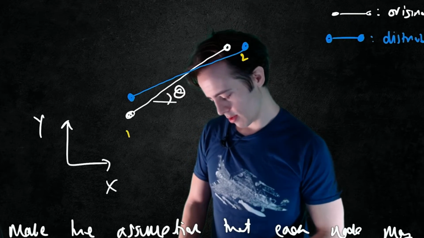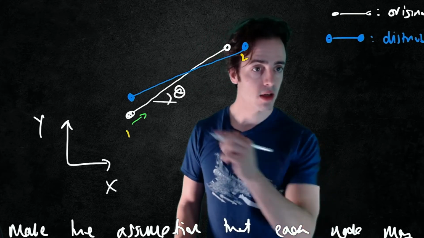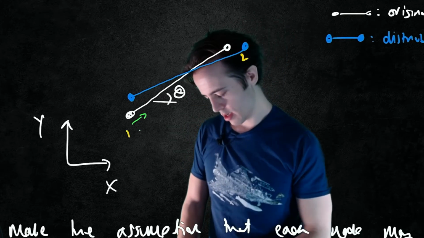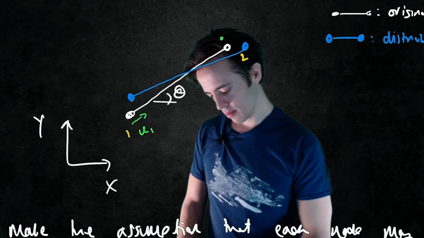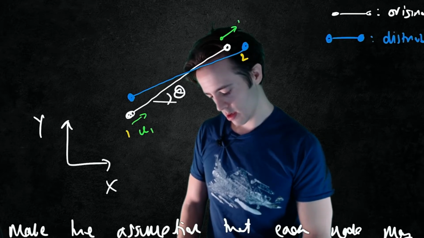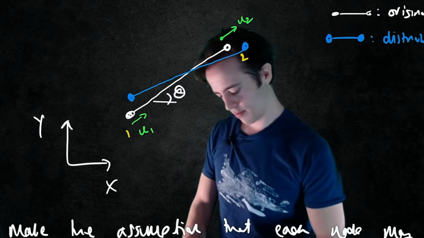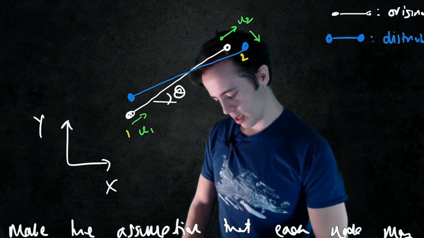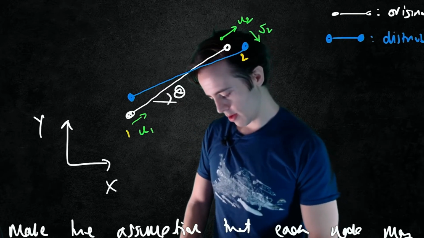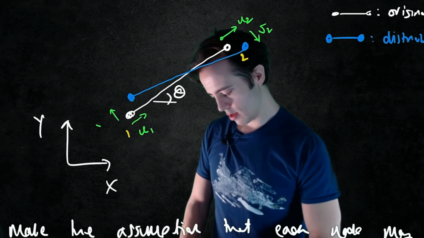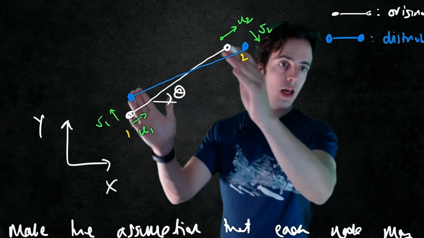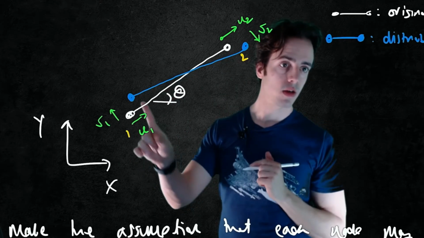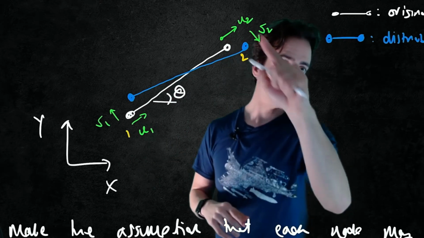We've got the amounts that node 1 has moved in an axis aligned with the elements would be u1. And this here would be u2. This is v2. And this is v1. Okay, so our element is this node moves along and up, this node moves along and down.